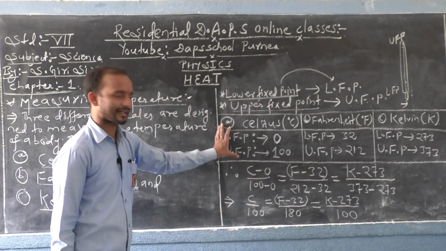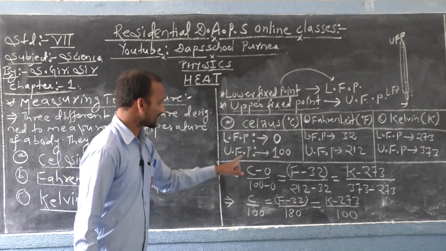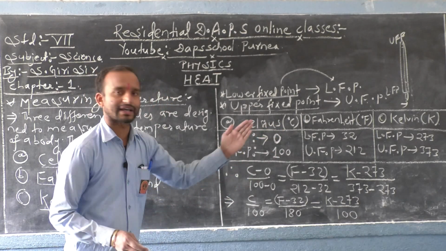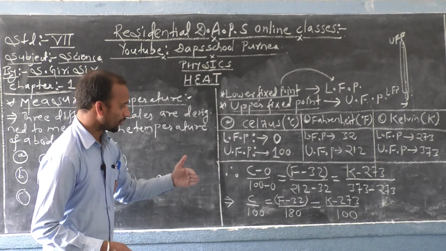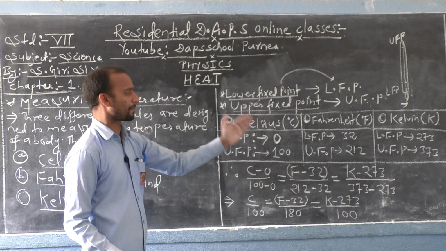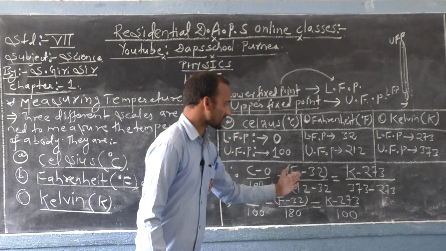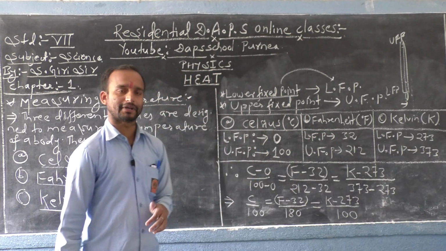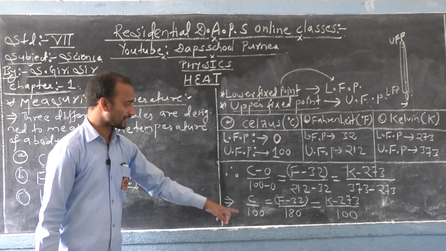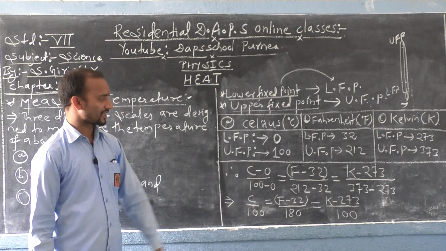You should remember this data, because using it you can easily derive the relation between Celsius, Fahrenheit and Kelvin. In numerical problems you have to convert degree Celsius to Fahrenheit, or vice versa, or Fahrenheit to Kelvin, and for that you should use this mathematical relation, the formula, in which all three scales are interlinked.